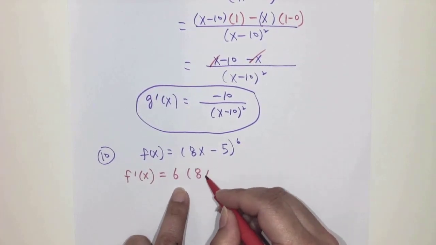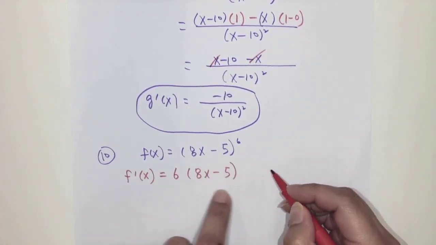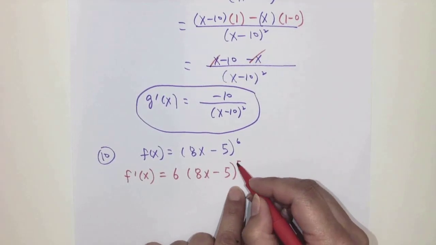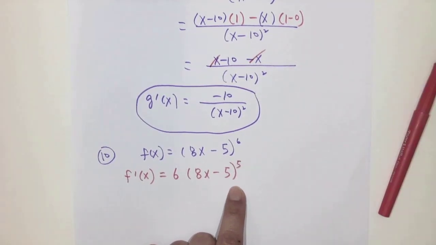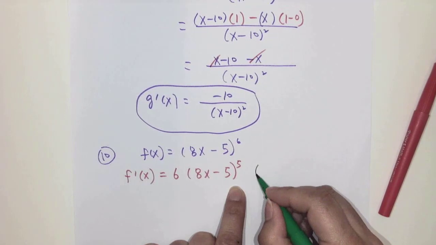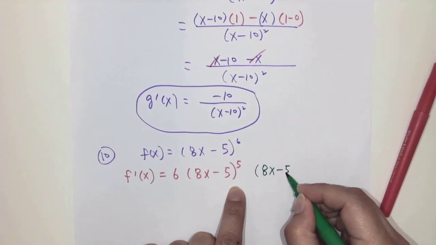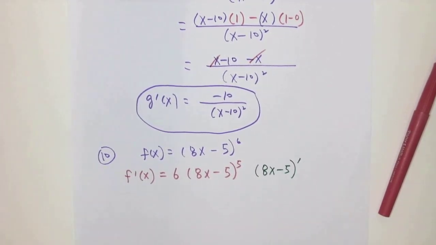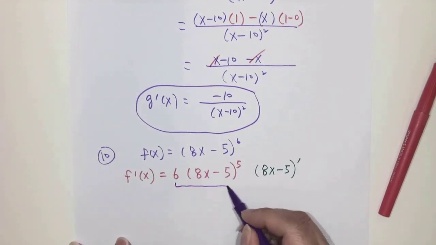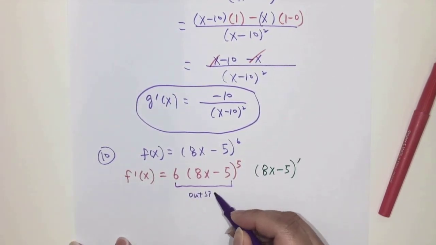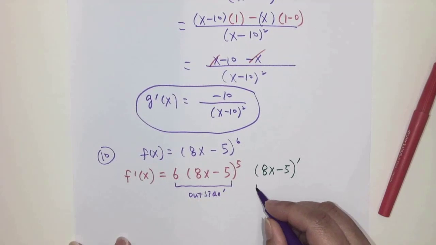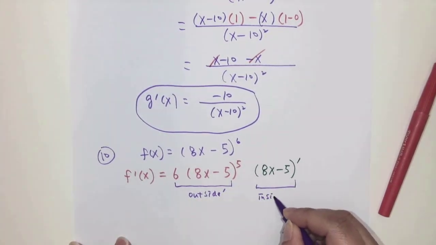And then the 8x minus 5 needs to go down 1 degree, become 5. And then take the derivative of the inside part. Like that. So we did the outside part. And then the inside part.